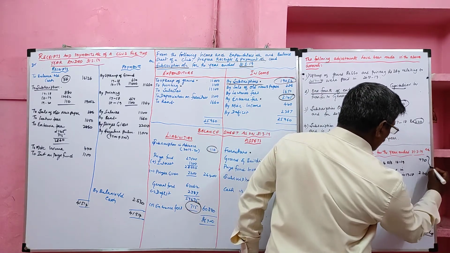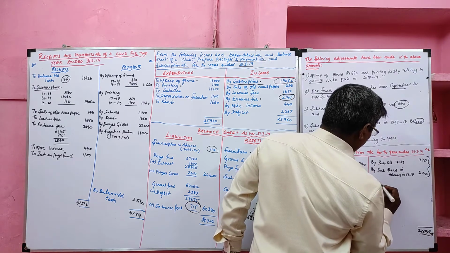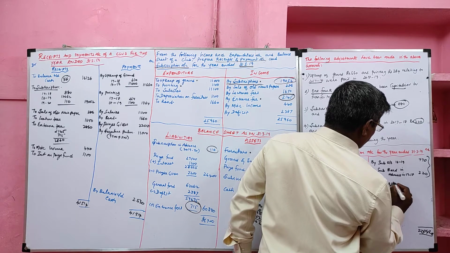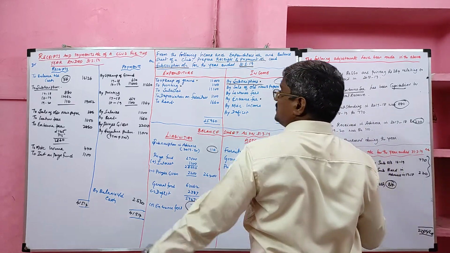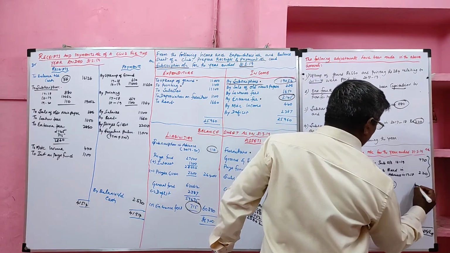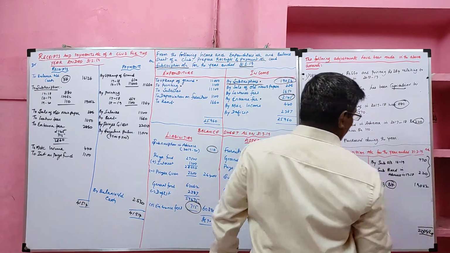If we deduct these two, we'll get cash received, the balancing figure. Its value is the amount we recorded in the receipts and payment account debit side, as the balancing figure.